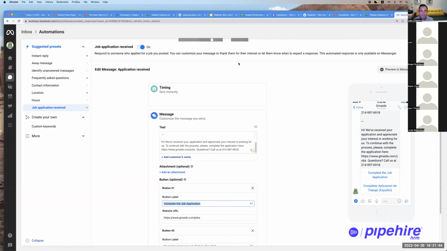Okay, so that is basically the Facebook automation that you want to create. Clearly your Facebook job ad or post should have, again, your URL. That's why I strongly suggest that you build, or have your web person build you, a landing page for jobs, because everything that you do as far as marketing and simplifying your life is to send people to one unique URL.